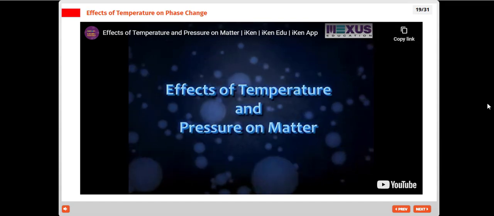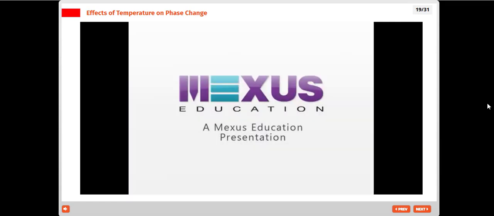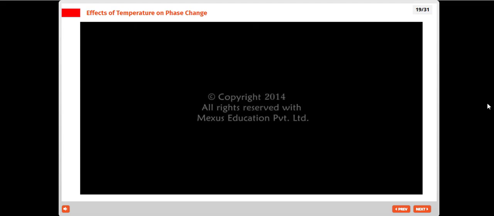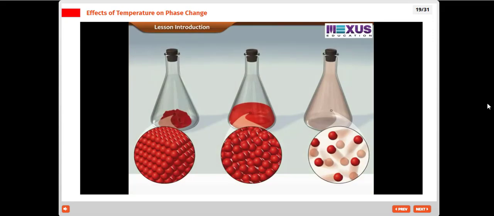Effects of temperature and pressure on matter. Both temperature and pressure have certain effects on states of matter.